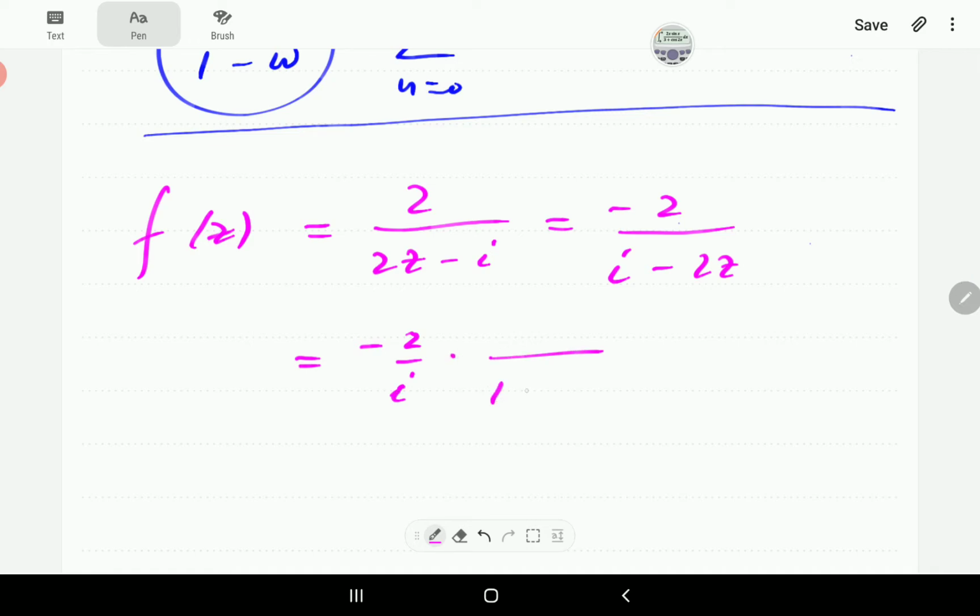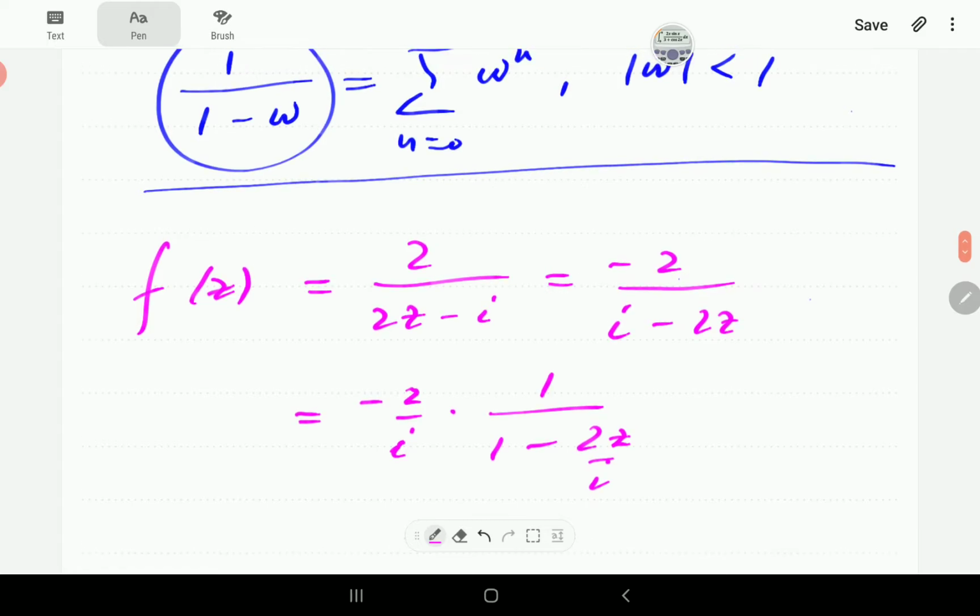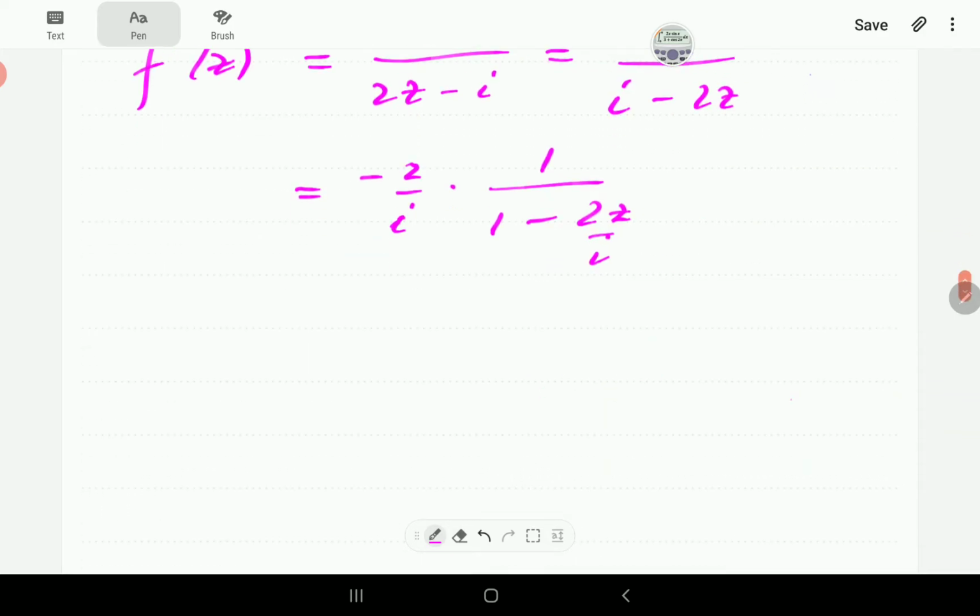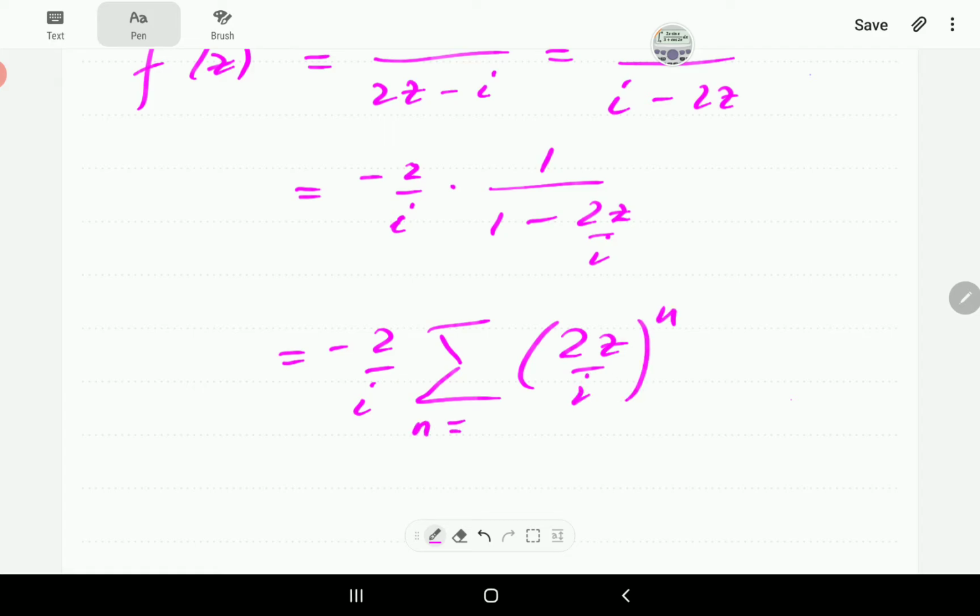Then the denominator is going to be 1 minus 2z over i. And so this is now in the same form as this, where w is 2z over i. So then straight away we can now write this as the summation of 2z over i to the power n.